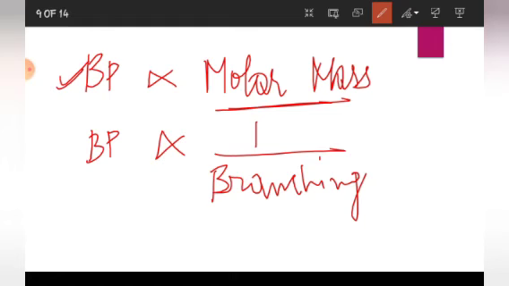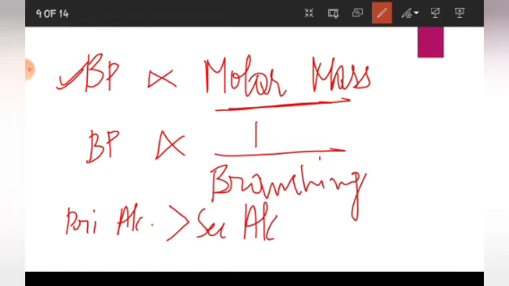So we can write, for a particular group, primary alcohol will have higher boiling point than secondary alcohol, or you can say 2-degree alcohol, which will have higher boiling point than tertiary alcohol. This you need to remember. Now let us see our next point.